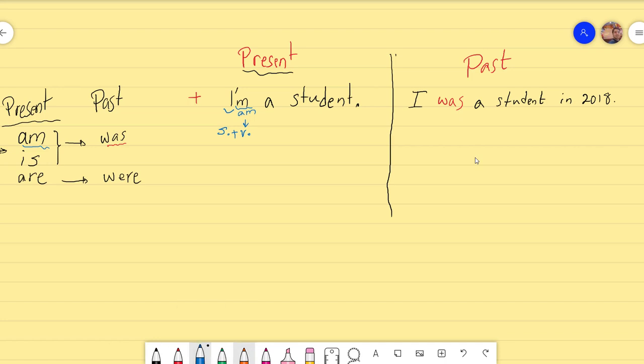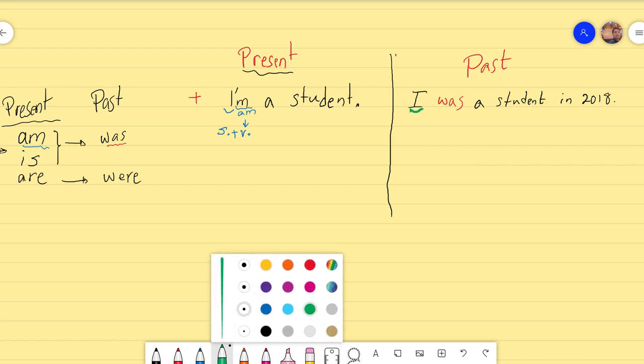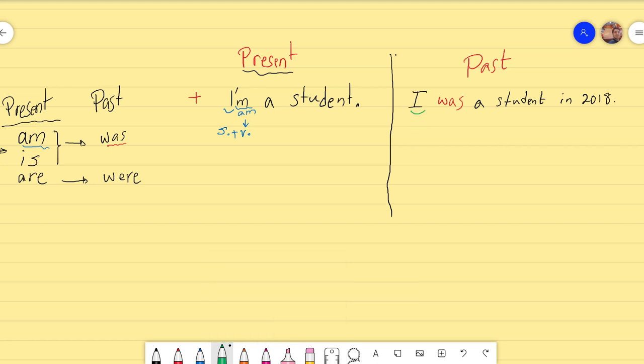Good. Now, what if I want to change the subject from I to he? Again, because usually for present, we say he is. So the past of is, was.